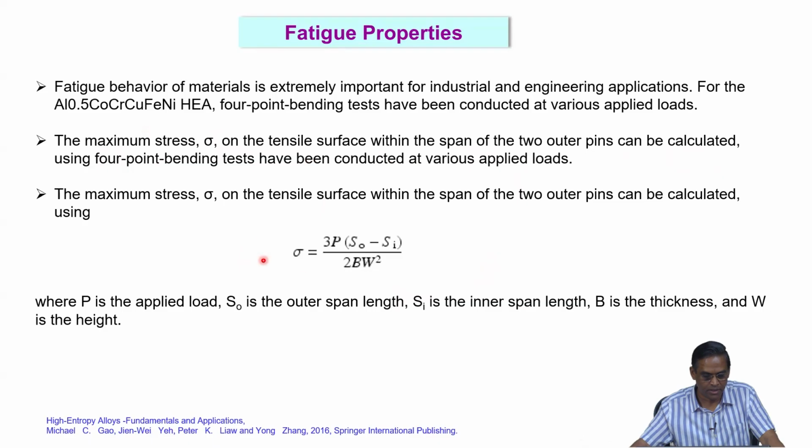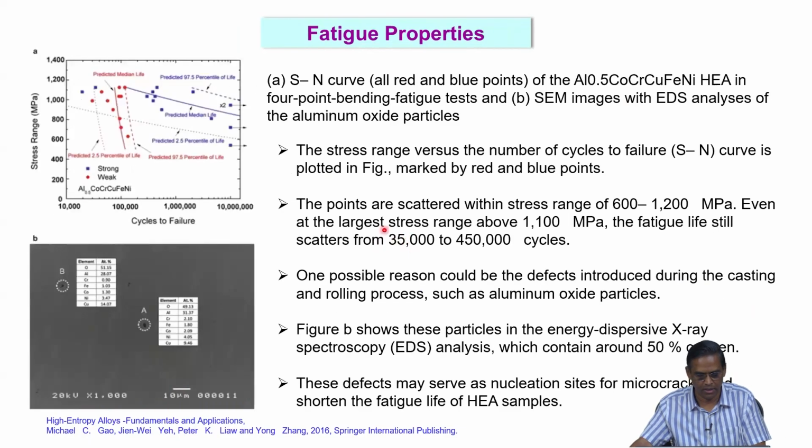So, the maximum stress is given by this formula. This is available in most strength of materials books and all the textbooks. Where P is the applied load, S is the outer span length, and S_i is the inner span length, B is the thickness, and W is the height. So, you get this sigma, and what we are interested in is this data.